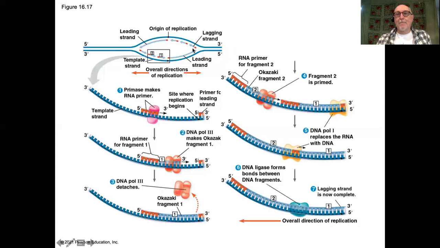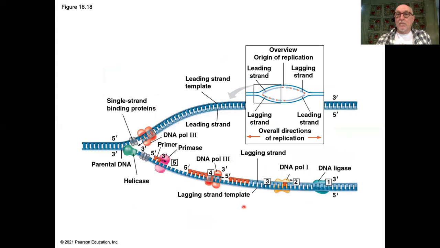But it doesn't matter. The enzymes still complete each of these strands, and they are still healed up by DNA ligase when the whole process is completed. Okay, so make sure that you understand this really, really well. There are some little animations here for you that will explain it even better.